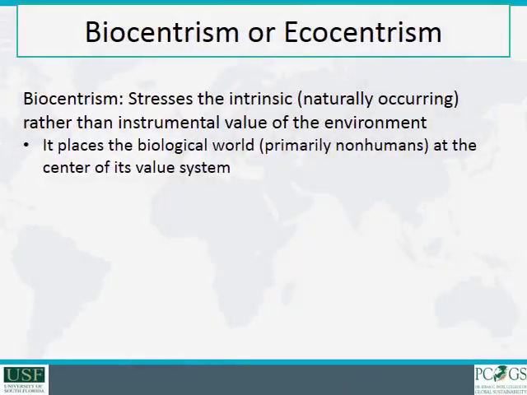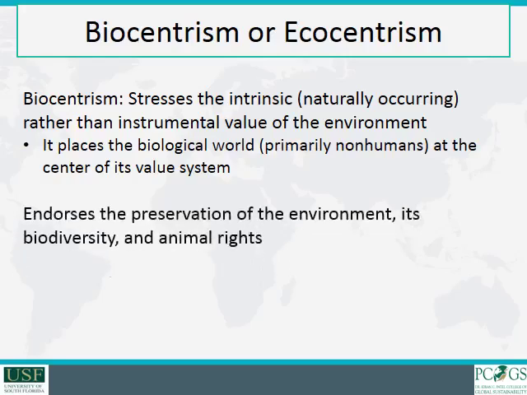Biocentrism, or ecocentrism, stresses the intrinsic or naturally occurring rather than instrumental value of the environment and places the biological world, primarily that of non-humans, at the center of its value system. It endorses the preservation of the environment, its biodiversity, and animal rights above all other things.